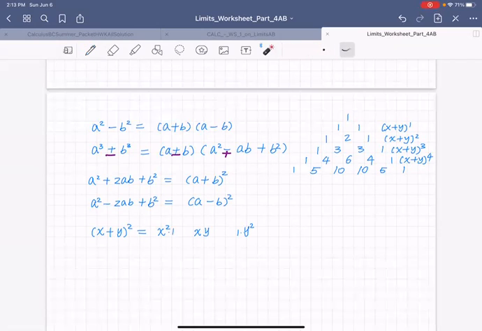And then those are the corresponding coefficients: 1, 2, 1, so plus, plus. That's it, okay? If you know the PreCal triangle, you should be able to easily write this down. And let's do one more example.